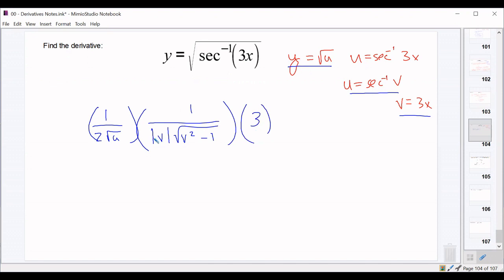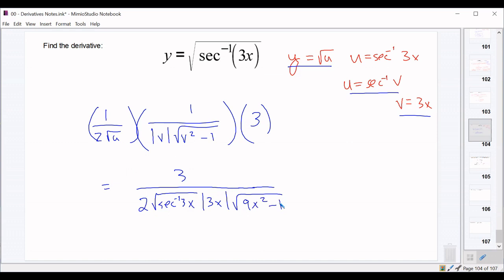So replacing the u's and v's with their respective values gives us 3 over 2 times the square root of the inverse secant of 3x times the absolute value of 3x, that being v, times the square root of 3x, the quantity 3x, squared, or 9x squared, minus 1.